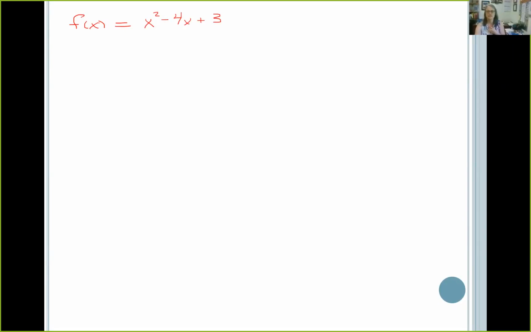This is in general form, so we know that the x-coordinate of the vertex is at negative b over 2a. b is negative 4, so it's going to be the negative of negative 4 divided by 2 times a. a is the leading coefficient. In this case, that's going to be 1. So that's the negative of negative 4, which is 4, divided by 2 times 1, which is 2. Okay, that's the x-coordinate.